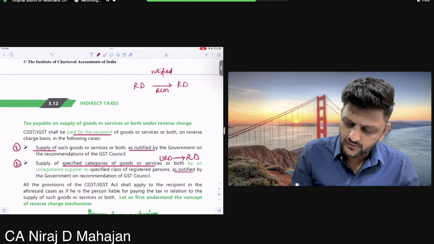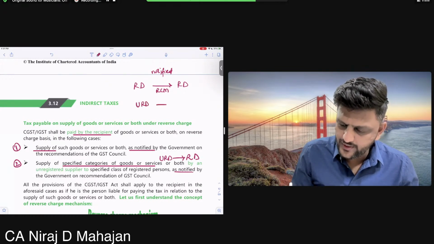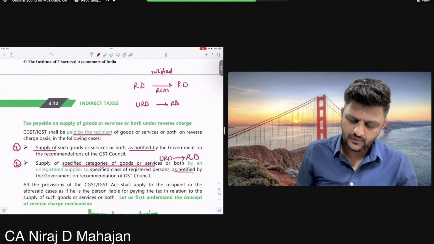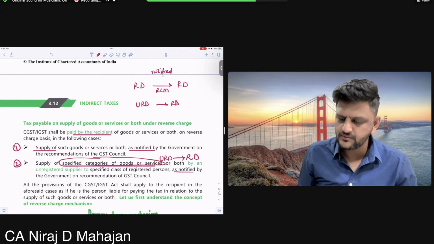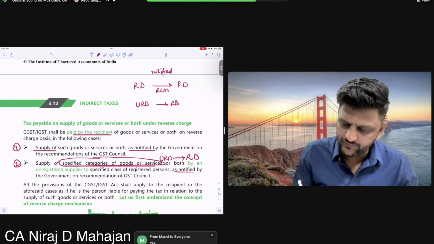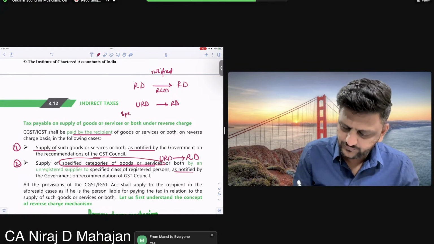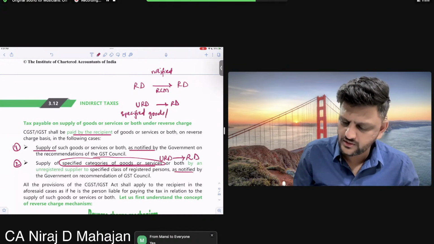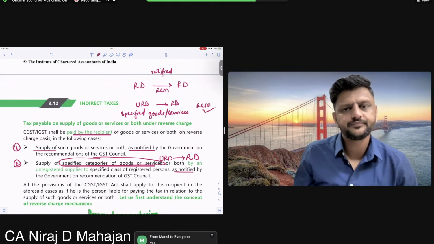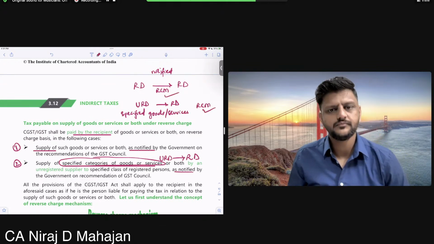Clear till here? But URD to RD, again specified categories of goods or services. Again same thing, only for specified, not for all. Specified goods or services, then on that, children, RCM is applicable. Fine, everybody?